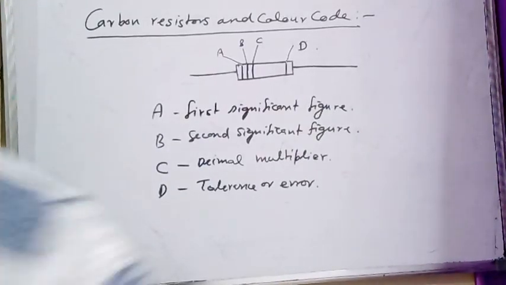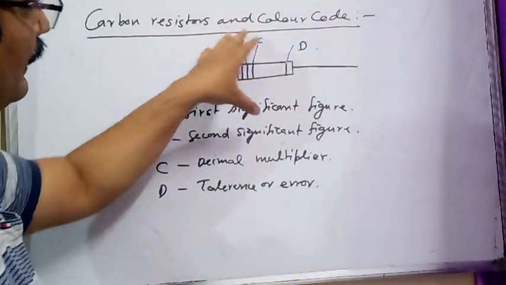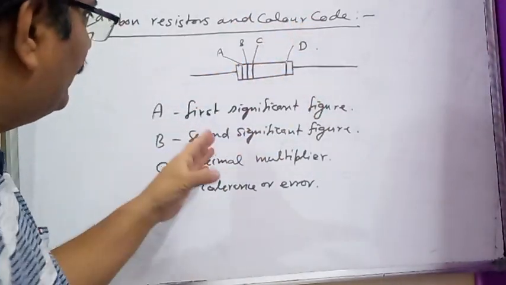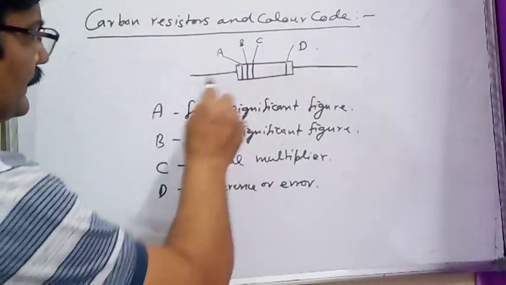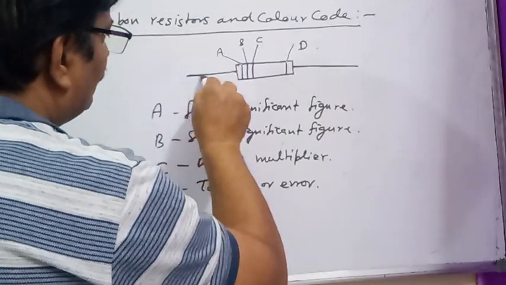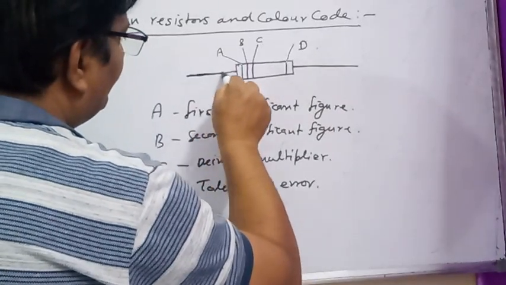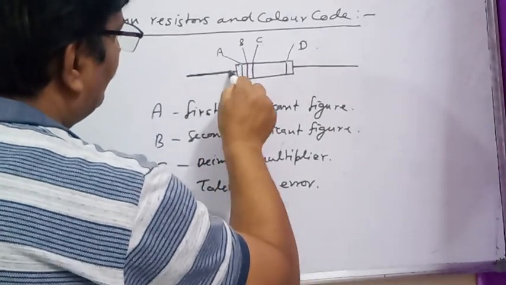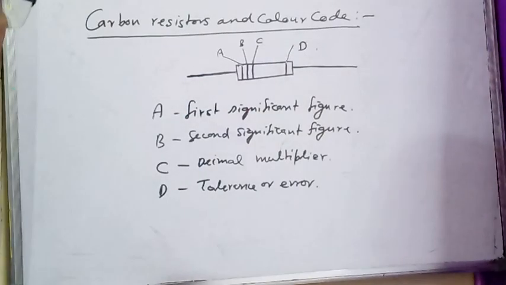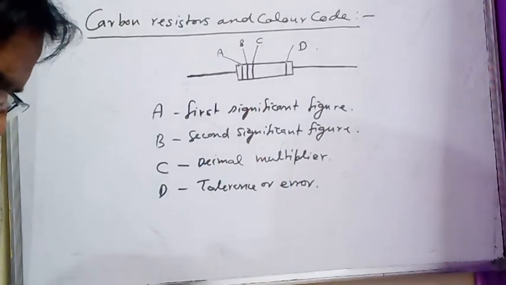So students, see what are carbon resistors and color code. So carbon resistors are fixed value resistances. They are made up of carbon allotrope. As we know, some allotropes of carbon are good conductors of electricity and some are bad conductors of electricity.